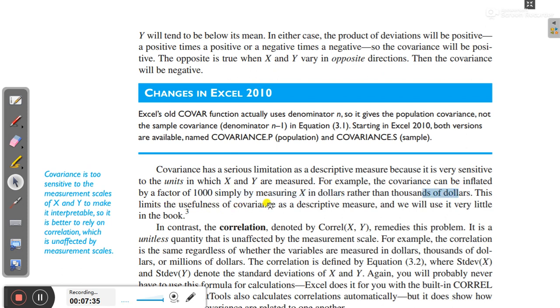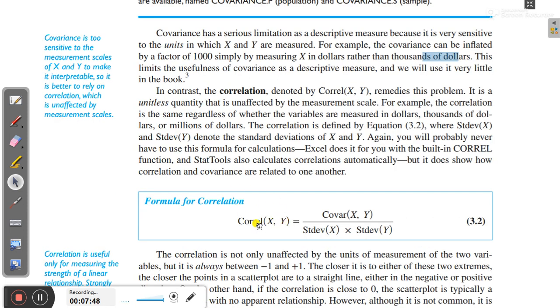These limits of usefulness of covariance as a descriptive measure, we can go for another technique, that is correlation. You can find the equation of correlation here. Correlation of xy is actually covariance of xy divided by standard deviation of x into standard deviation of y.